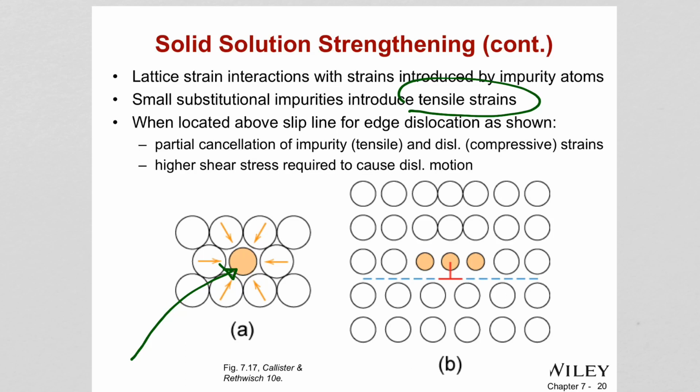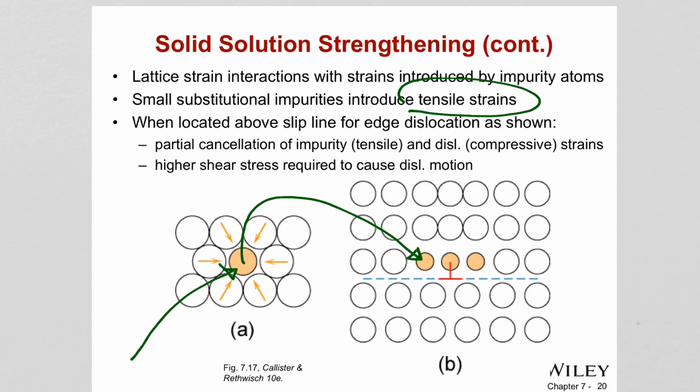So those tensile strains generated around the small impurity can be neutralized if these small atoms move into the compression side of the dislocation.